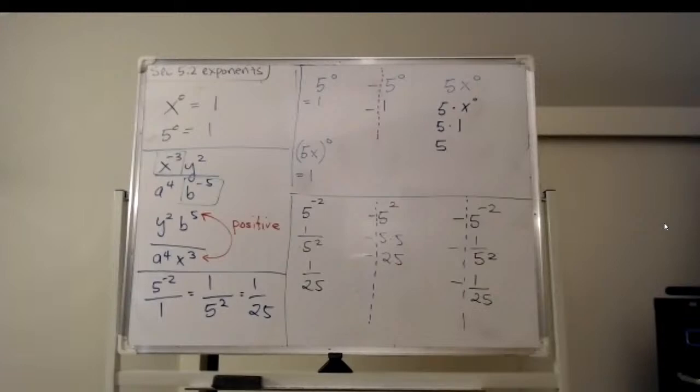Oh, 1 over 2x plus 3 is less than or equal to 1. Let me see. Oh, maybe it's this very first one. Huh.